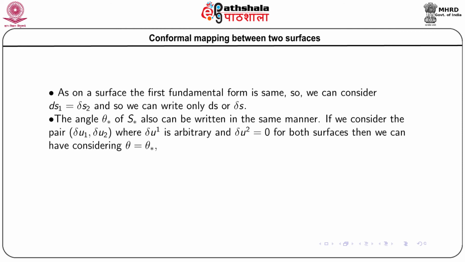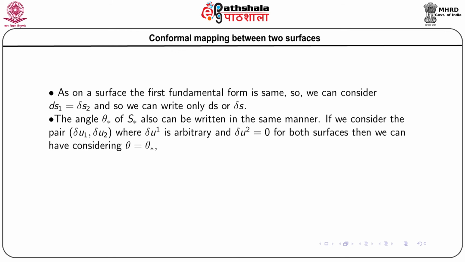Now, as on a surface the first fundamental form is the same, we can consider ds1 equals del s2, and so we can write only ds or del s. Now, the angle theta star of A star also can be written in the same manner, and if we consider the pair where del u1 is arbitrary and del u2 equals 0 for both surfaces, then we can have theta equals theta star.